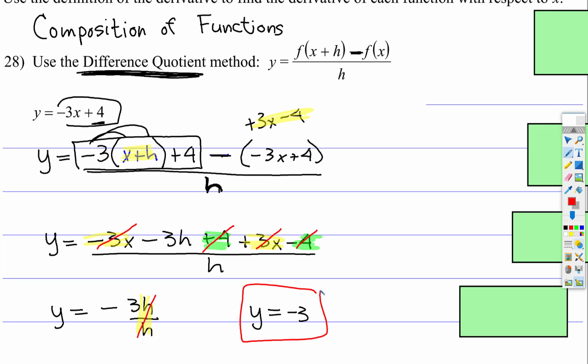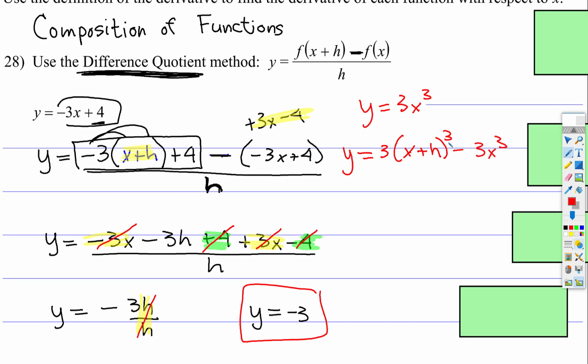So they get more complex. You sometimes can have a radical, you can have a rational expression. If you had y is equal to 3x cubed, then it becomes 3 times x plus h cubed minus 3x cubed.